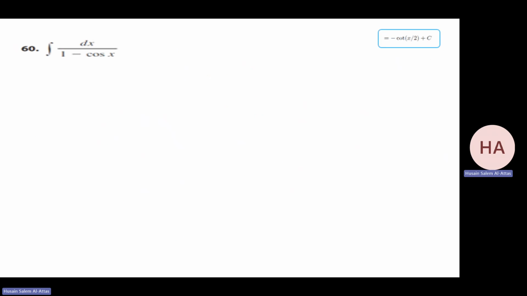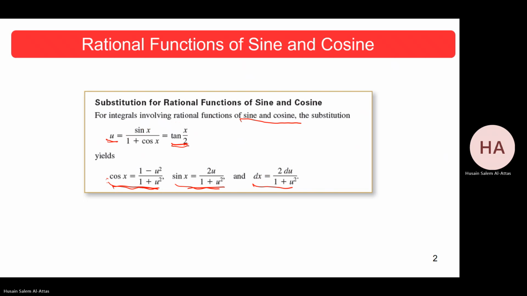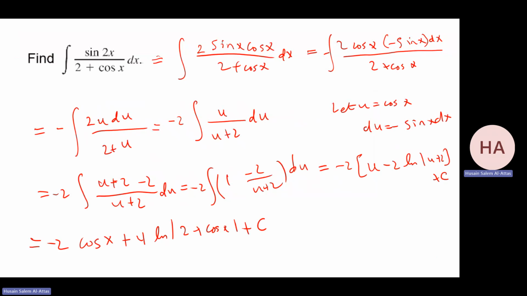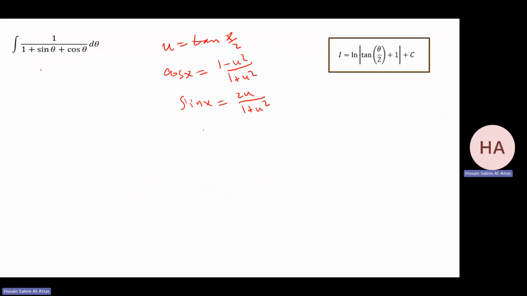And dx is 2 du over 1 plus u squared. Always the denominator is 1 plus u squared: sine is 2u, cosine is 1 minus u squared, and dx is 2 du over 1 plus u squared.